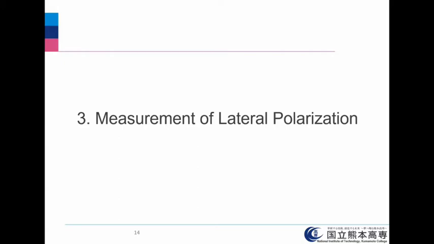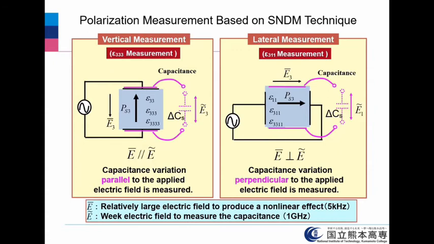Next, I will show you the measurement of the lateral polarization. In the vertical polarity measurement, the electric field for measuring capacitance and the electric field for generating nonlinear effect are in the same direction, like that.